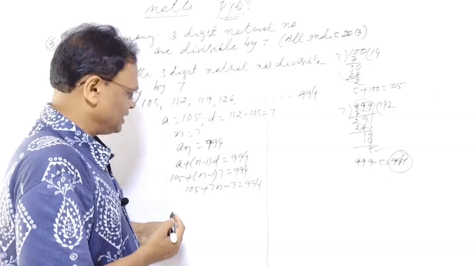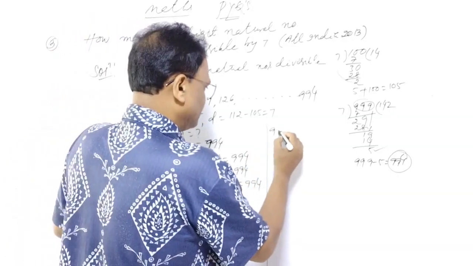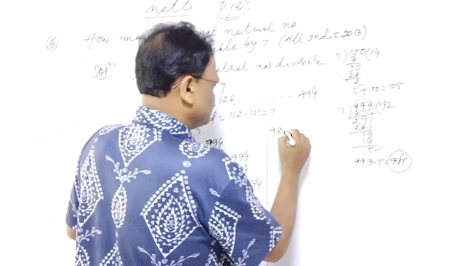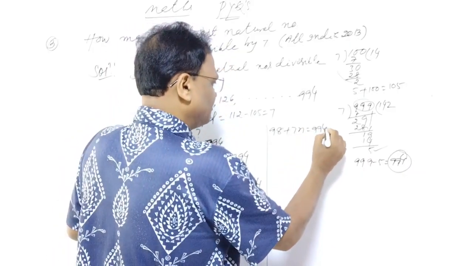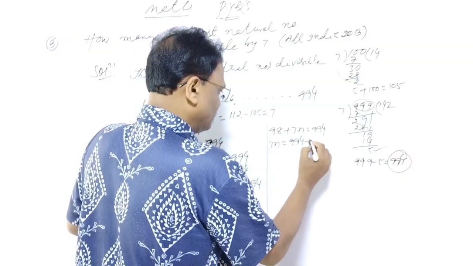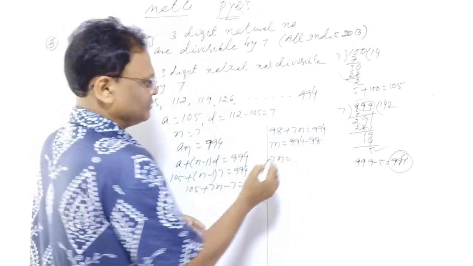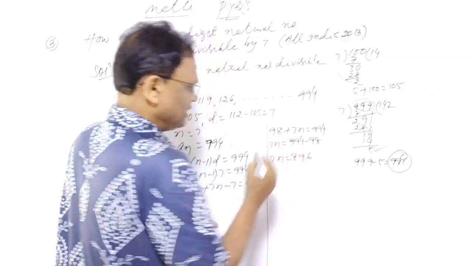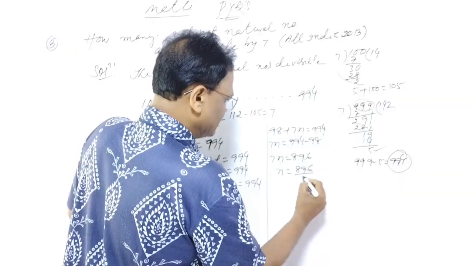Further, if I do the calculation, what am I getting? 105 minus 7, I think 98. Yes. Plus 7n is equal to 994, or 7n is equal to 994 minus 98, or 7n is equal to 896, or n is equal to 896 divided by 7.